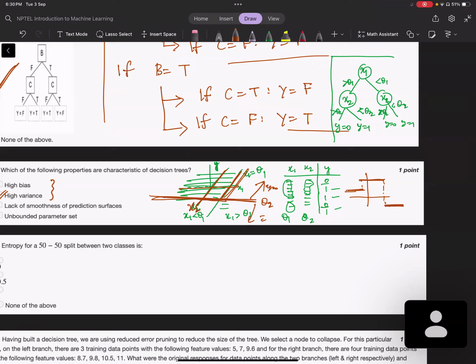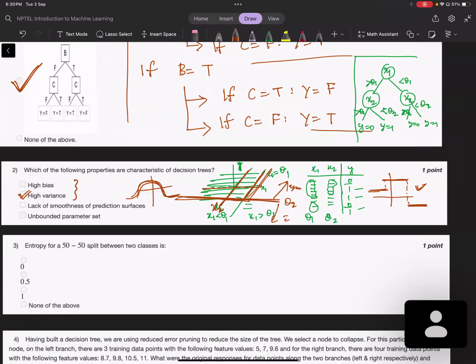A smooth function is like this. Since the decision boundary of the decision tree is piecewise, we can say there is a lack of smoothness in the prediction surface. The prediction surface of a neural network will be smooth like this, but it's not smooth for decision trees.